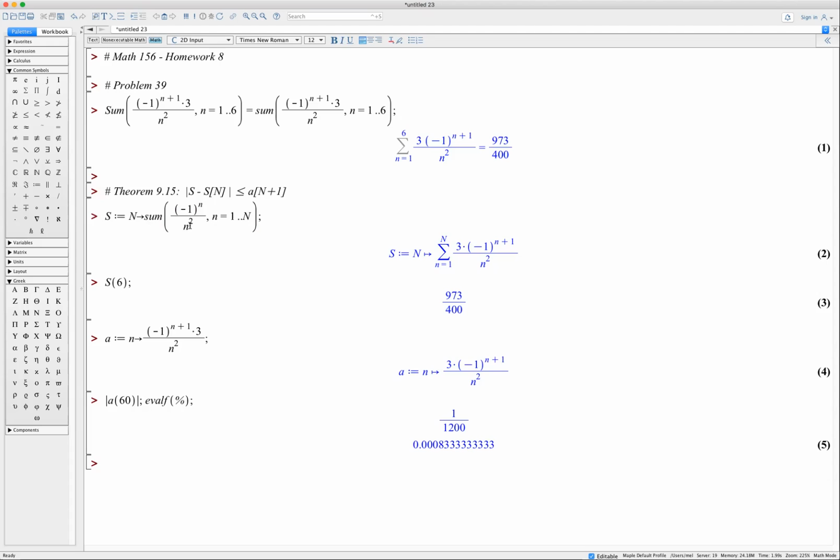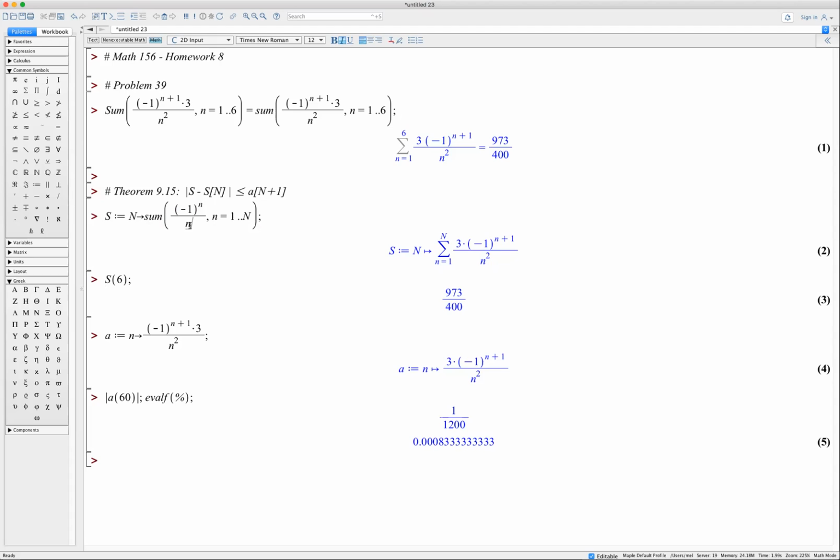Minus 1 to the n over n factorial. That's my new series. And for example, if I were to calculate the first 6 terms, that's what it is. Sorry, it should be minus 1 to the n over n factorial.